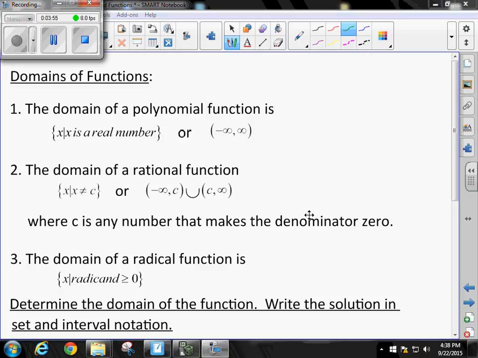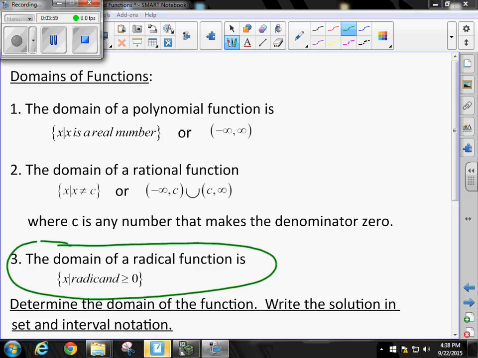Now we'll do just a little bit of a review. This is what we're going to learn that is new in this lesson. We have already learned that the domain of a polynomial function is all real numbers, or negative infinity to positive infinity, unless you have to eliminate something. And we learned that the domain of a rational function, you remember when we had like 7 over x minus 2, we had to eliminate something from the denominator by setting the denominator equal to 0.